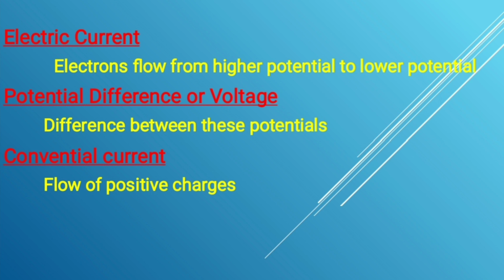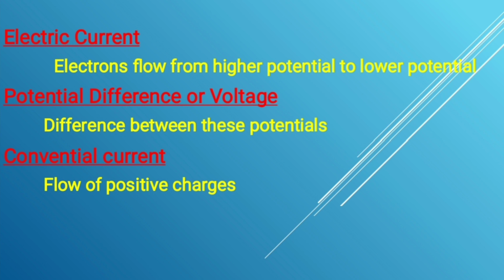The potential difference, or voltage, is the difference between these two potentials, from higher to lower. It is the energy of the electron moving from one potential to another, based on the potential difference, or we can call it voltage.